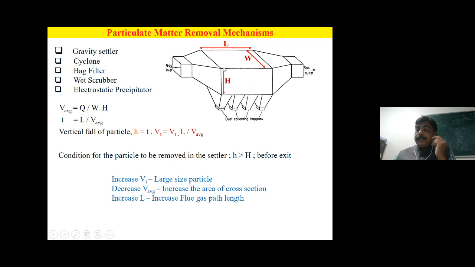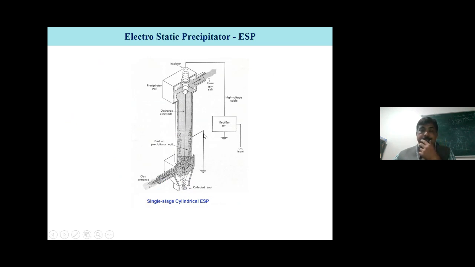So how do we bring that particle away from the mainstream? Several forces are employed. One of them is electrostatic precipitation, which causes the particles to deviate from the main gas stream. Let me show how it is achieved.